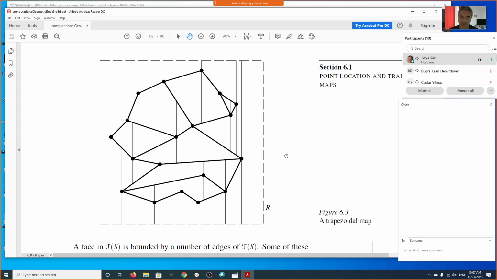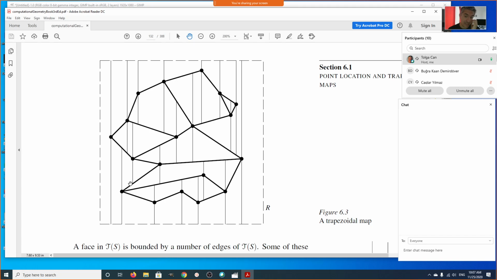If you look at this, at certain points, for example, if this line here goes all the way until here, and we have a point here, I cannot compare my point with this line because this line doesn't exist here. The vertical slabs do not partition the entire region into these x-coordinate bounded regions.